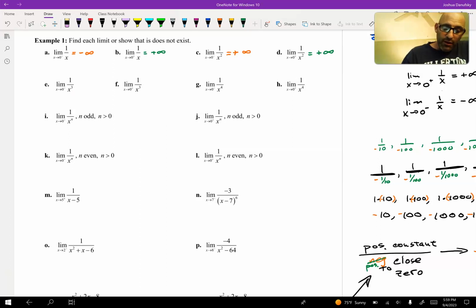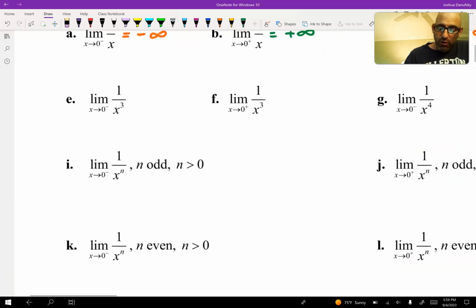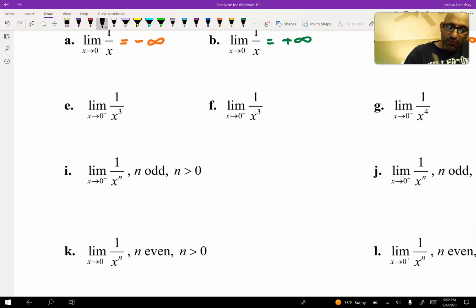So we are plugging in values close to 0, but a little bit less than 0, like negative a tenth, negative 1 over 100, negative 1 over 1,000, etc. That's what we're plugging in for x. But when you cube these, right, when you cube 10, you're going to have 1,000, right? When you cube 100, you're going to have 1 with 6 zeros after it, and so on and so forth. And they'll still be negative.